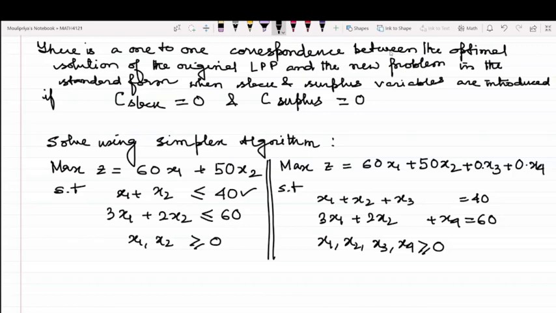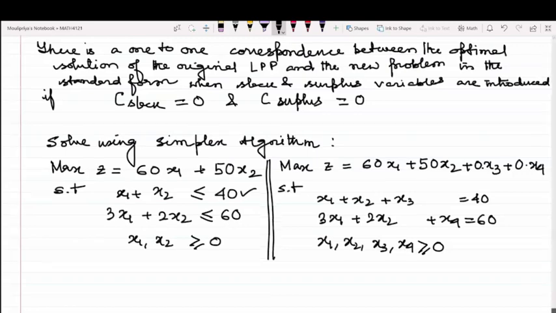So now you tell me, I think we did this kind of problems earlier also. How many basic solutions can there be?